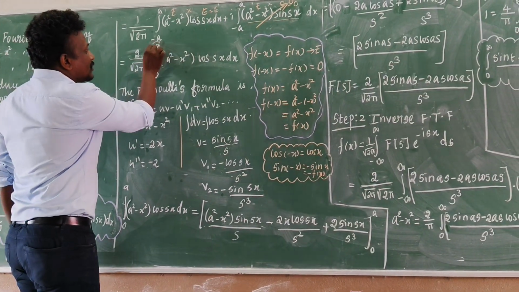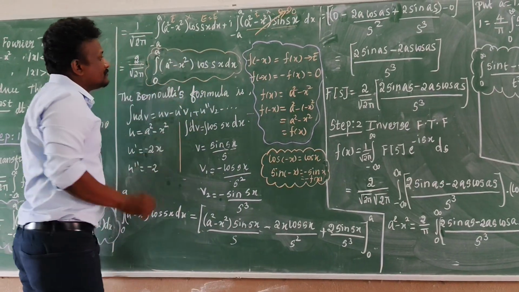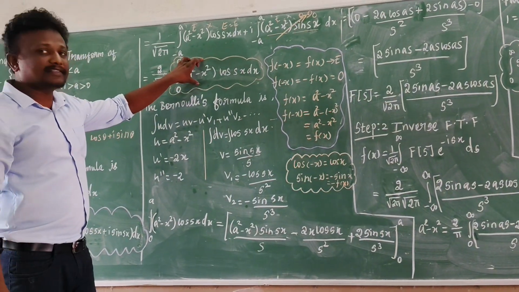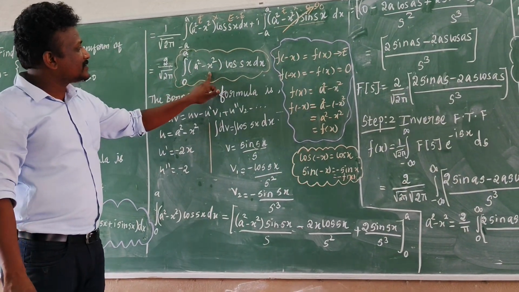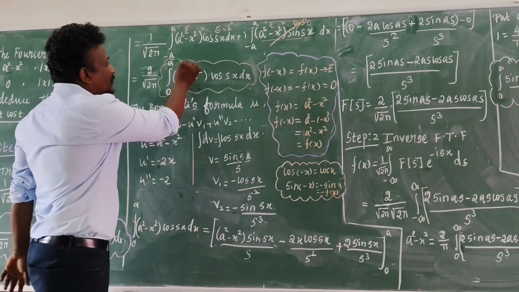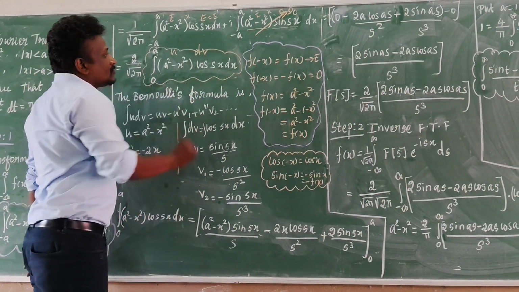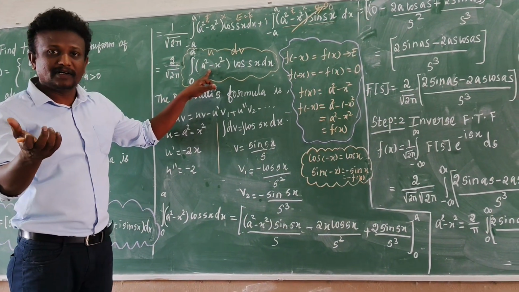Now from this expression, you want to integrate this expression with the help of some formula. That answer will be multiplied with this expression, right? So to integrate this, I have f of x, then another f of x, it is udv form. So always you have to choose the easiest term.